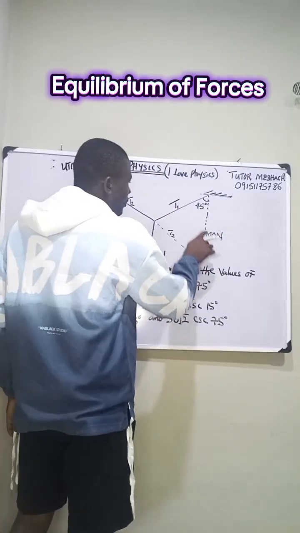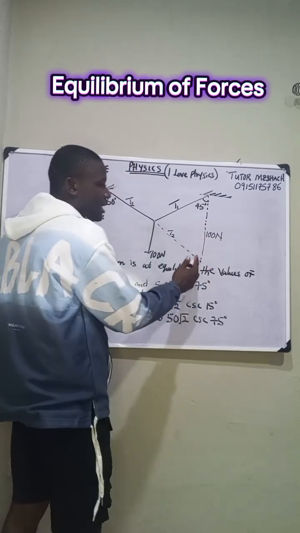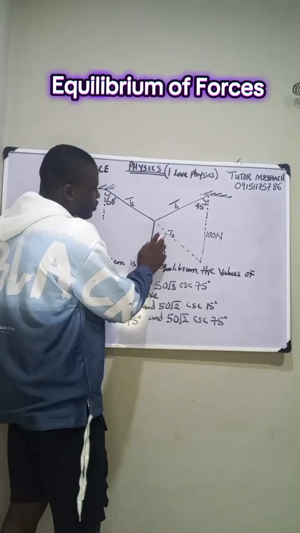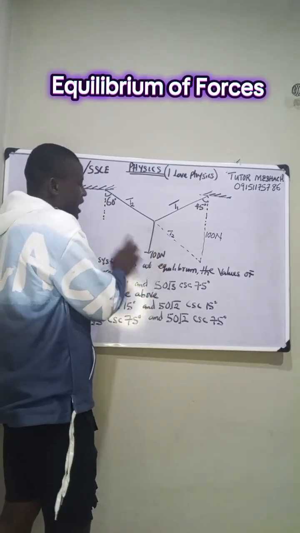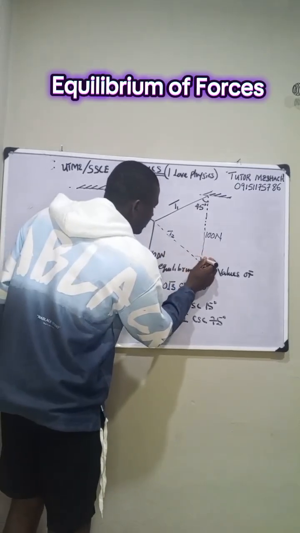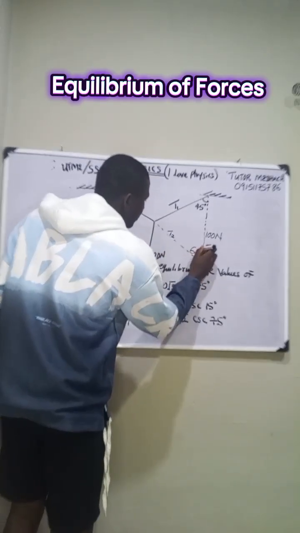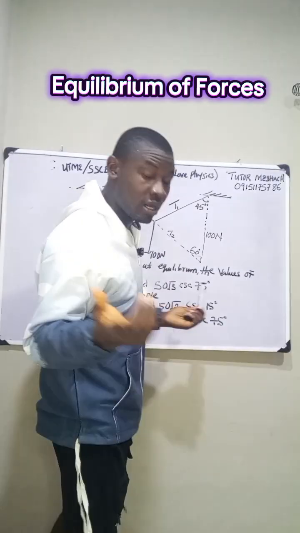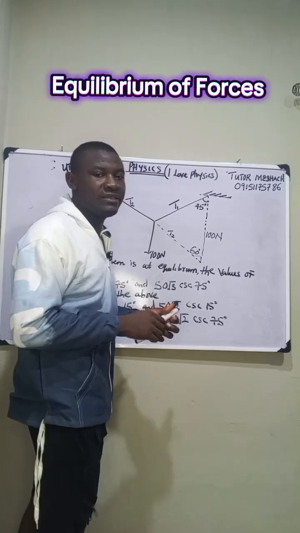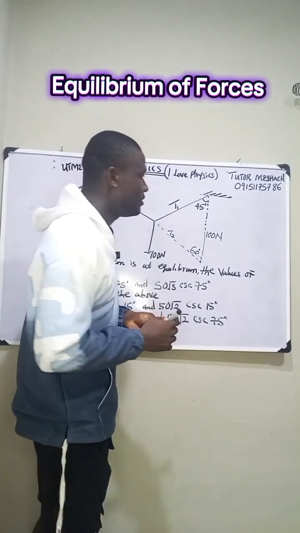Now, between T1 and the vertical line, we have an angle of 45. Between T2 and the vertical line, we have an angle of 60. Here will be 60 degrees. And we are done.